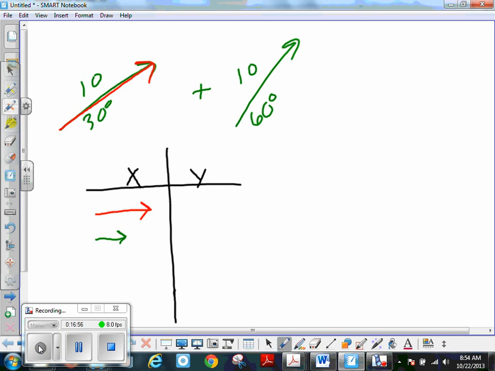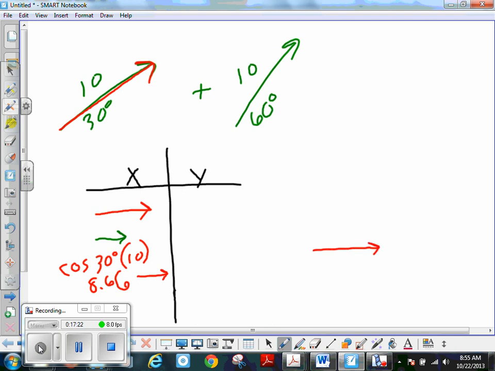this is going to be the cosine. So for the red one, cosine of 30 times 10 is going to be equal to 8.66, and I have it signified in the right direction, so I'm going to start my new triangle over here.